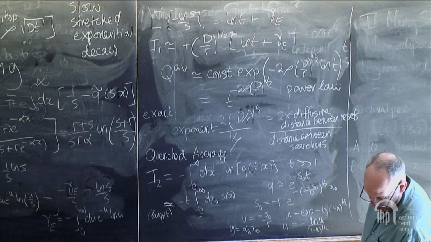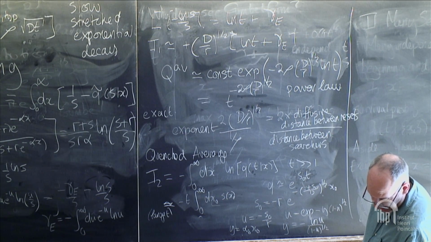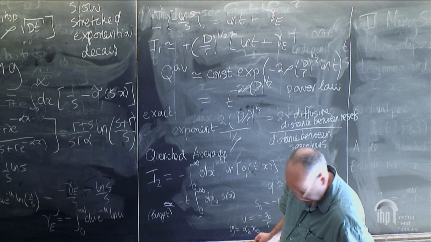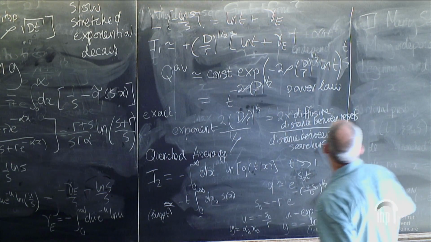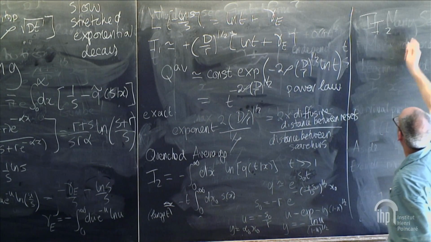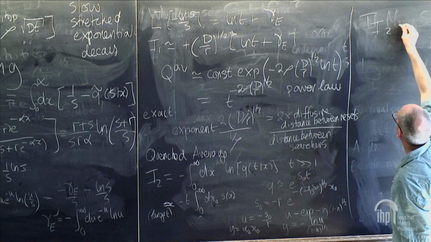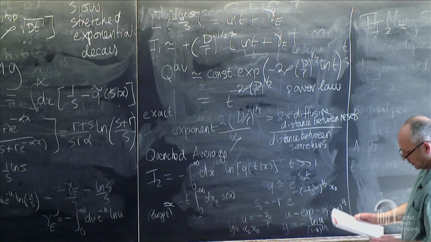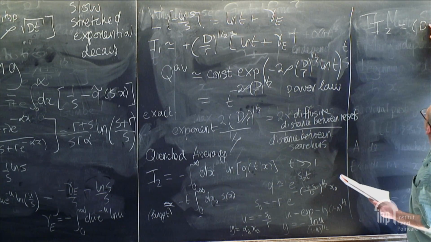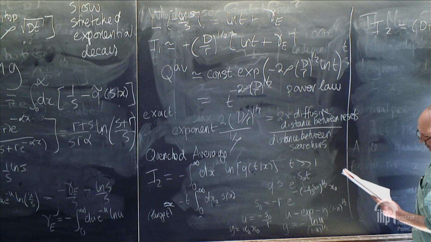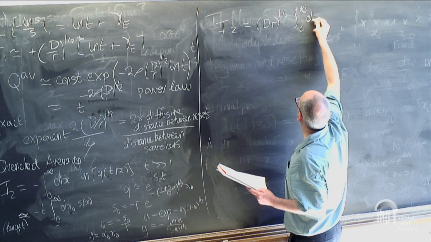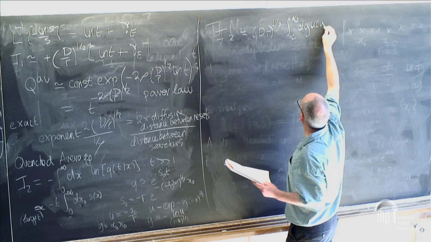Then, basically, if I change variables to Y, at I2, this will become integral from 0 to infinity dy of a function of U(y).